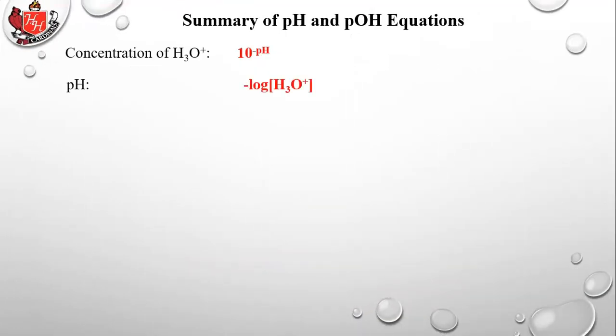So here's a summary of the equations for pH and pOH. The concentration of H3O plus, you take 10 and you raise it to the negative pH. To get the pH value, you go in the opposite direction. You take the negative log of the hydronium ion concentration.